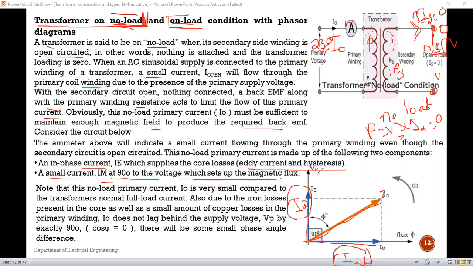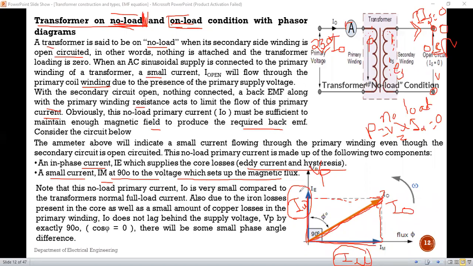Here the voltage VP is drawn; the component along the x axis is in phase with the voltage. If we draw the parallelogram, the sum of these currents is nothing but the no load current I0.